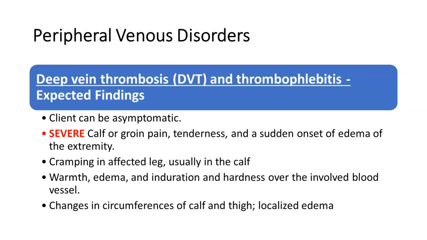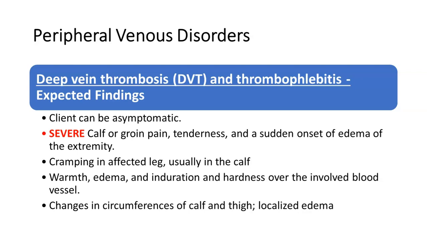If we are fortunate enough to catch it either at home or just because we came in for some other reason, what you would generally see is severe calf or groin pain. Again, because it can be asymptomatic, you don't have to have pain, but if you do, that pain is probably going to be associated with that compartment syndrome type of process that's happening with the edema going on.